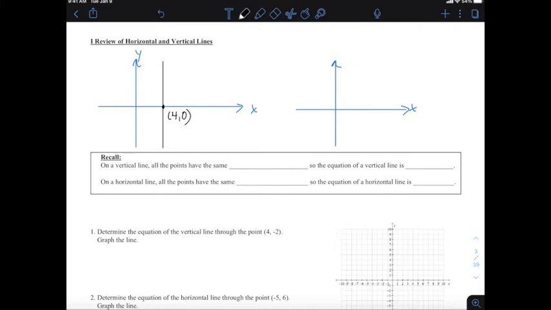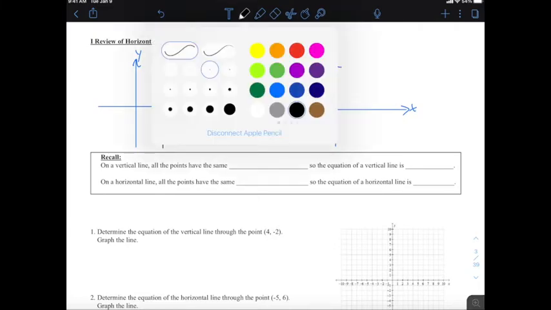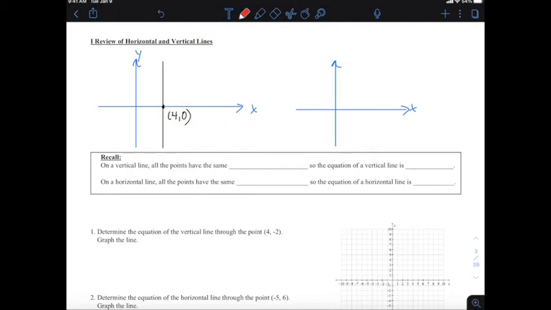And then one way to think about finding equations of vertical lines is just to take and name several points on the line. So maybe that's 4, 1, and maybe here we've got 4, 2, or 4, 3.